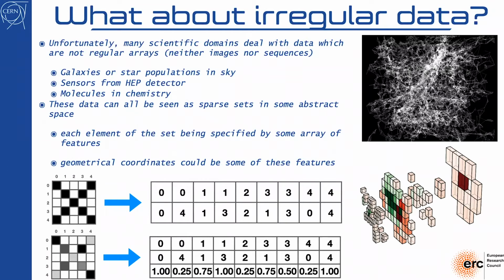Another example: sensors in a typical high energy physics detector. Imagine something like you see in the bottom right there. A typical calorimeter is arranged in layers, and each layer has its own granularity. So at the end of the day, the thing that you handle is just the cells which recorded some energy.